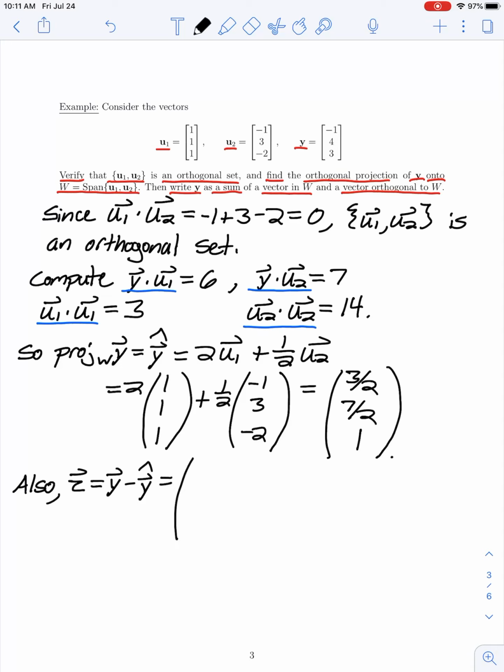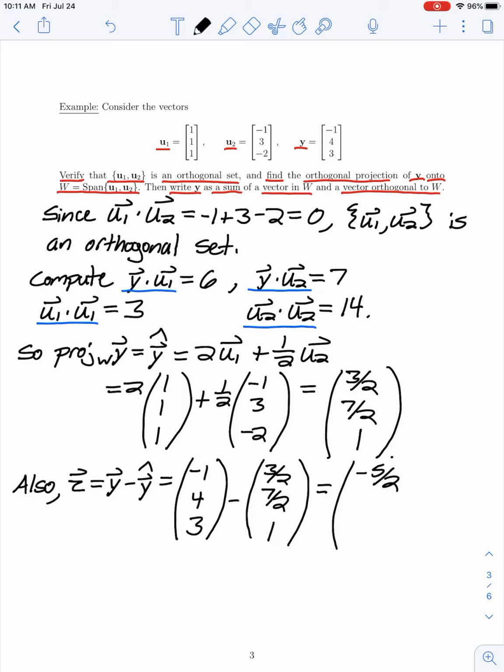So here y was the vector -1, 4, 3, and then we are subtracting the orthogonal projection, which we found to be 3/2, 7/2, and 1. So this leaves us with the vector -5/2. 4 minus 7/2 would be 1/2, and 3 minus 1 is 2.